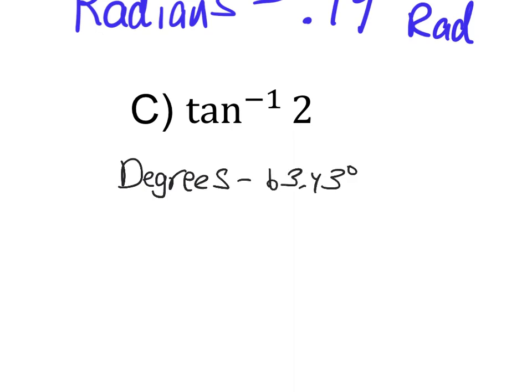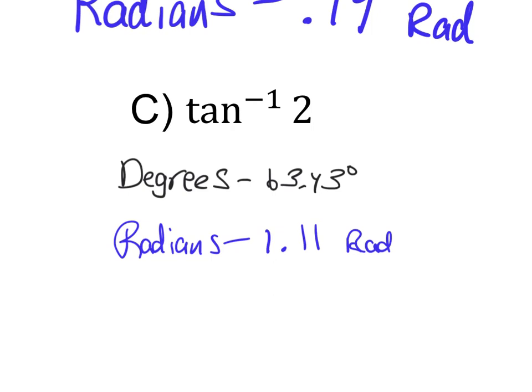63.43 degrees, okay? Agreed, guys? Do tangent. We have tangent and we have degrees. We're going to do degrees and radians. But I got a number this time.